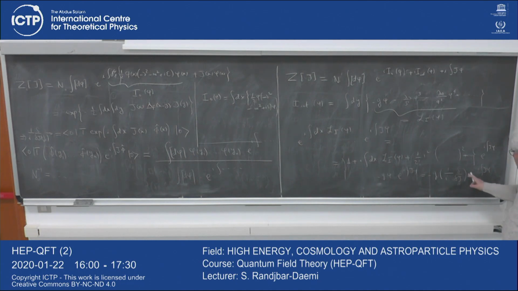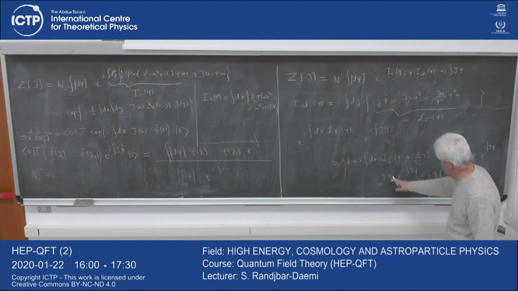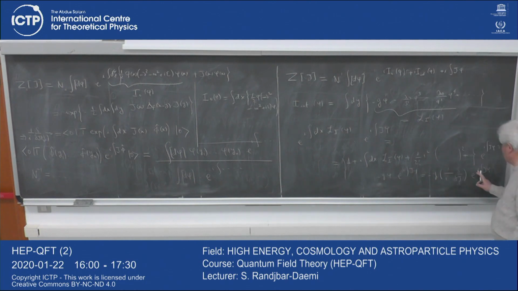If the d by dj acts on this exponential, it will bring down a factor of phi, and that's what we want to have here. And I put 1 over i here in order to kill the i from there when you differentiate. Okay? This is a simple thing that I am writing. Right?